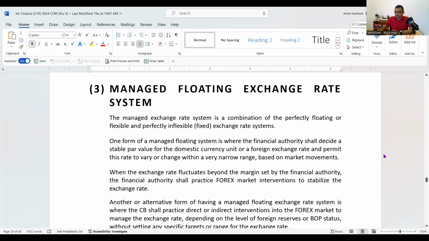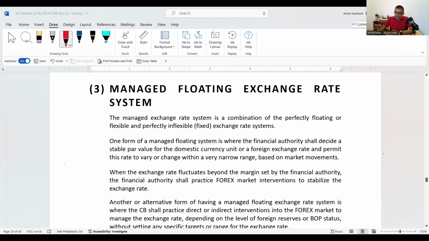So, Buddha, this is method one, or one form of the managed floating system. We'll call it option one. You decide the exchange rate, then you have a range, upper limit and lower limit.